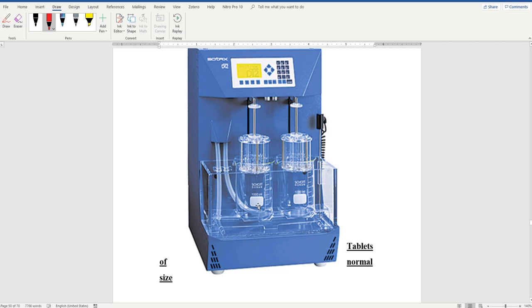When it descends, the lower part, the plate containing the mesh, should be at least 2.5 centimeters away from the bottom of the beaker. When it goes down, it has to be inside the liquid, a minimum of 2.5 centimeters above the base of the beaker.